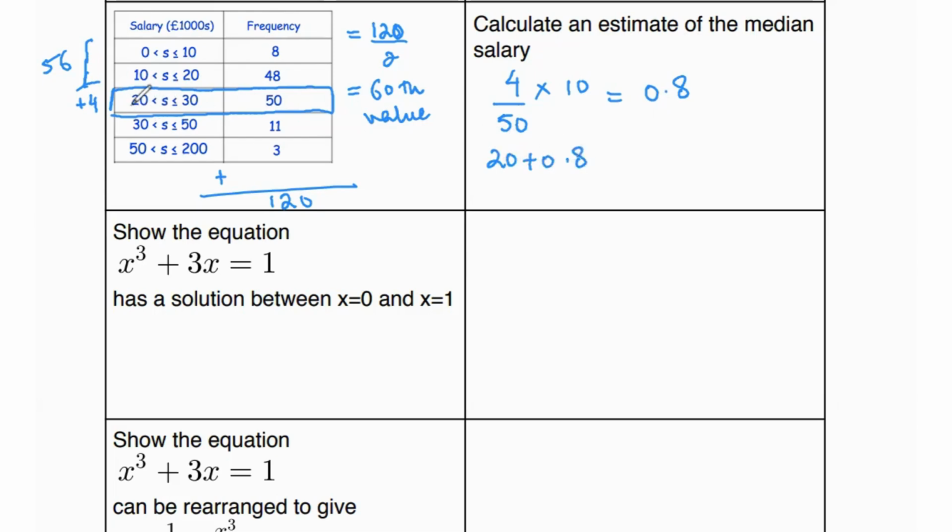So 20 plus 0.8 is 20.8. That is the value we get from this interval for the median salary. Since the salaries are in £1,000, we multiply 20.8 by 1,000, and that gives us £20,800 as the estimated median salary. And that's your answer.